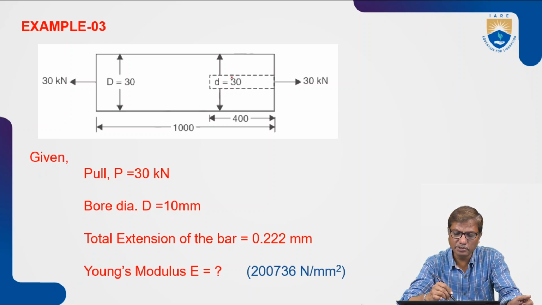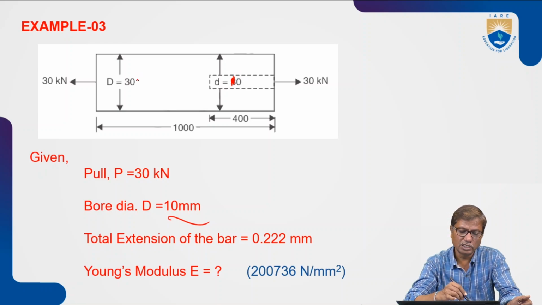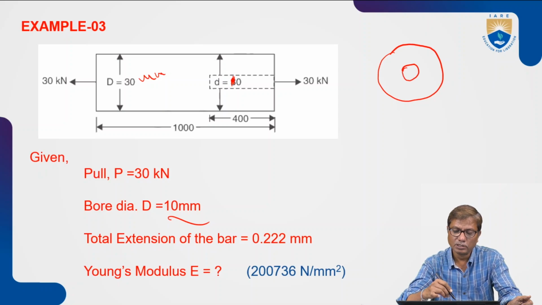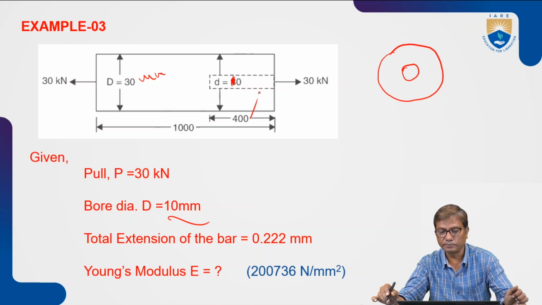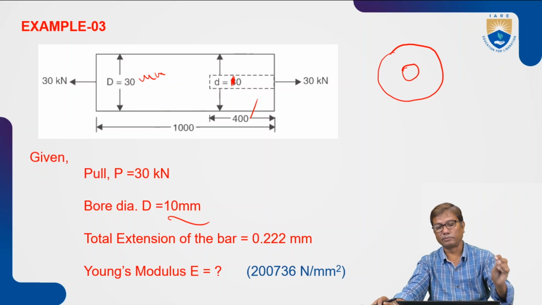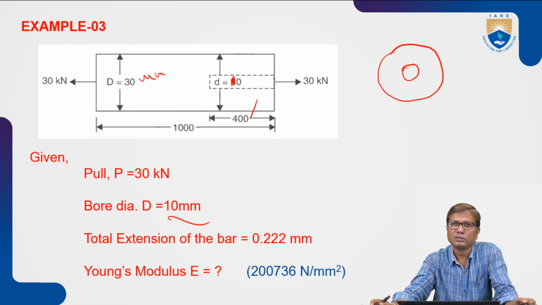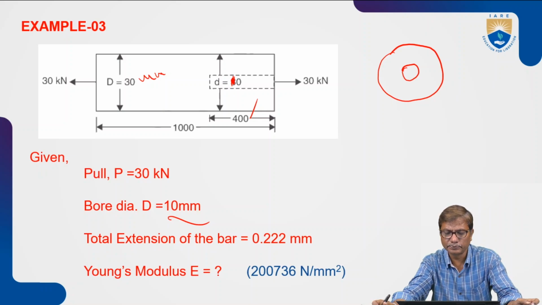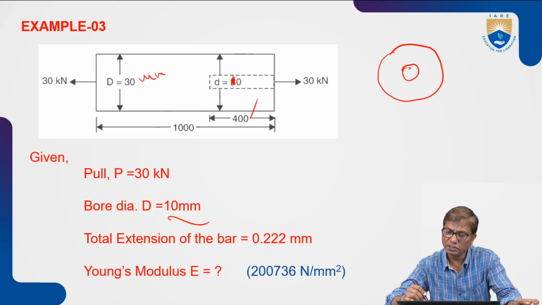The borehole diameter is 10 mm, and diameter of the bar is 30 mm. The borehole is driven for a length of 400 mm from one end centrally.